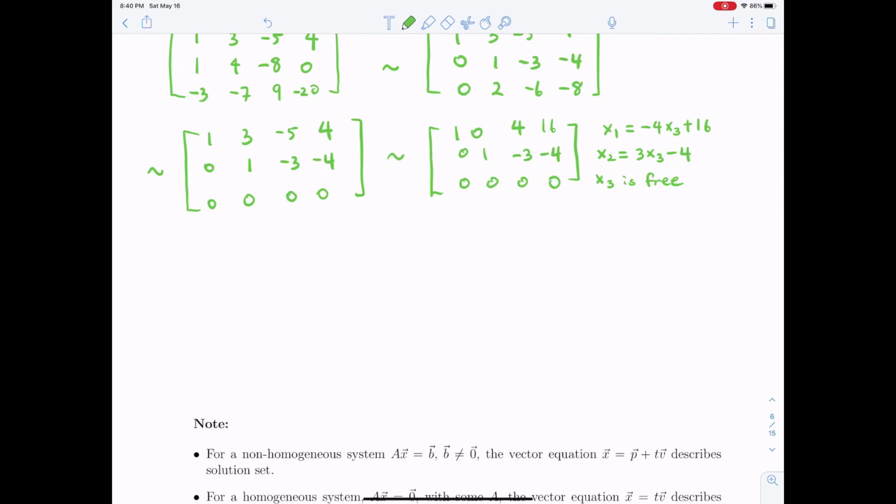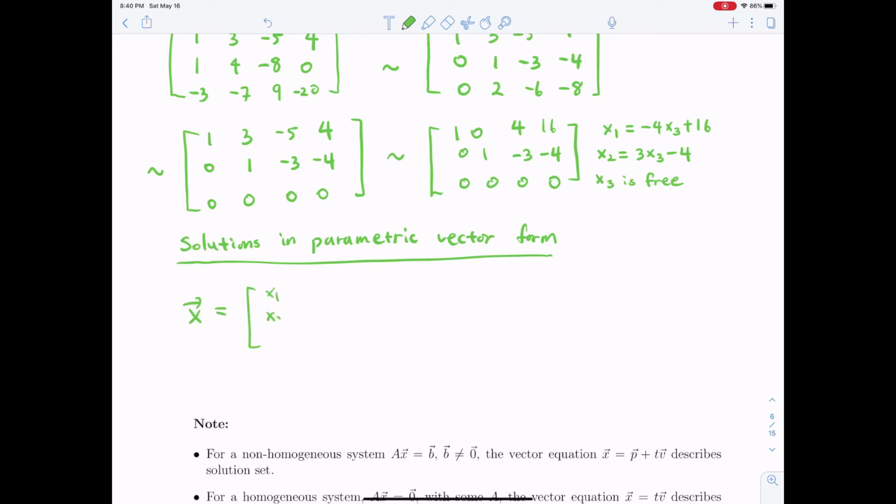So if you write the solutions in parametric vector form, then we have the vector x equals x1, x2, and x3. And x1 was negative 4 x3 plus 16, and x2 equals 3 x3 minus 4, and x3 is just x3 because this is a free variable.